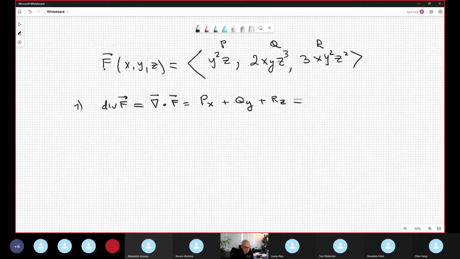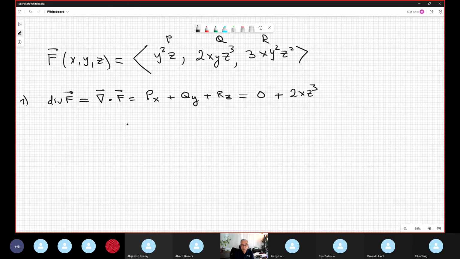Partial derivative of P with respect to x is 0 because P does not depend on x, plus the partial derivative of Q with respect to y: we have only one y, and the derivative of y with respect to y is 1, and I keep the other factor, x z cubed, because you consider it constant. And R with respect to z is 6xy squared z. This is my divergence.